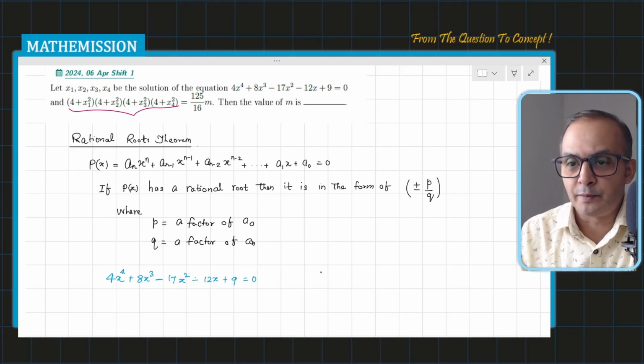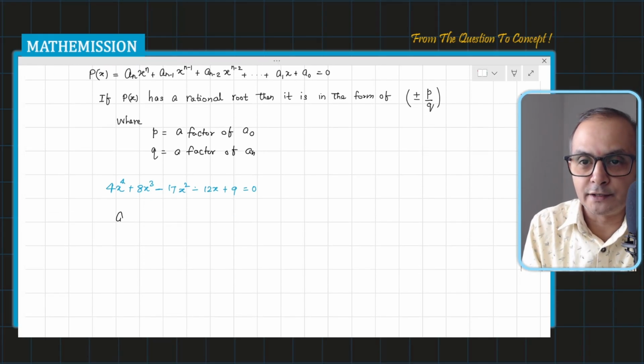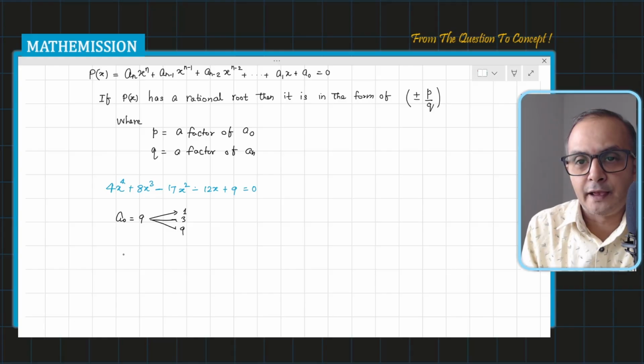So we apply this rational root theorem. We identify that here we have the a0 value as 9, which has 3 factors: 1, 3, and 9. Similarly, the a_n, the leading coefficient, is 4, and it also has 3 factors: 1, 2, and 4.